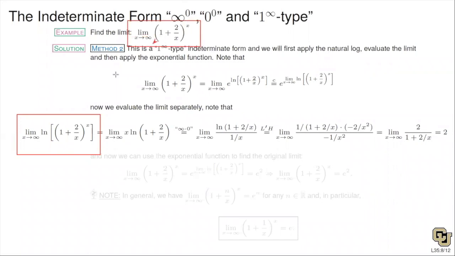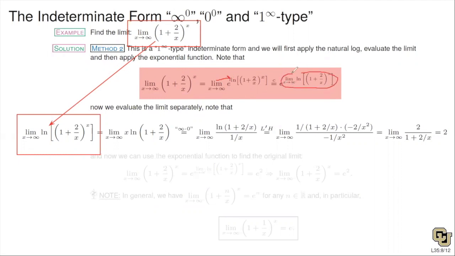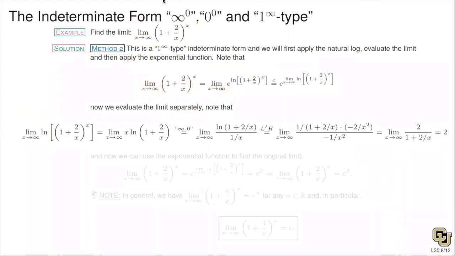You can see I've put in a natural log. The theory, which you wouldn't necessarily explain if you're doing it this way, is that I can write 1 plus 2 over x to the x as e to the ln of that. And then using continuity, I can bring the limit up. So now I first want to calculate this limit, which I've written here. And then at the end, we're going to exponentiate.